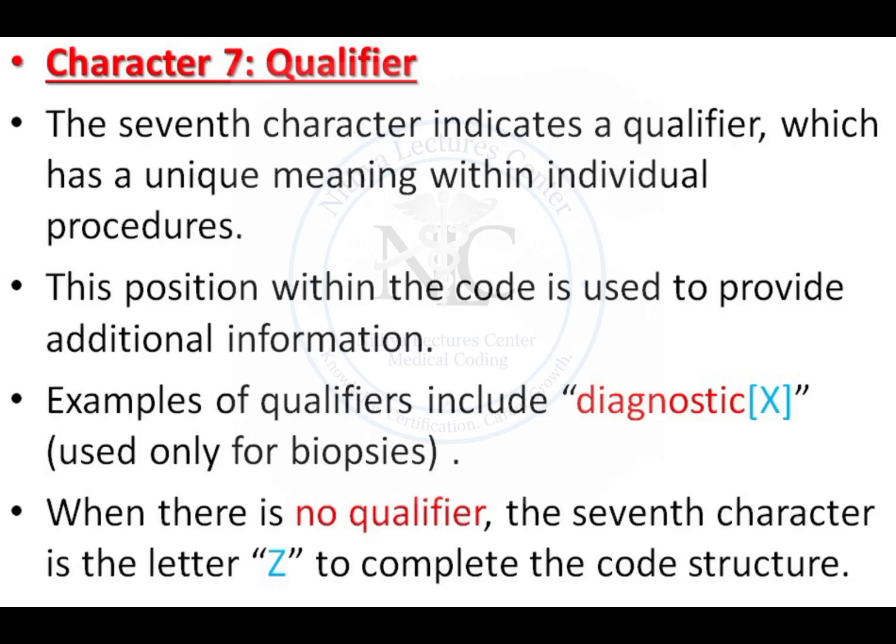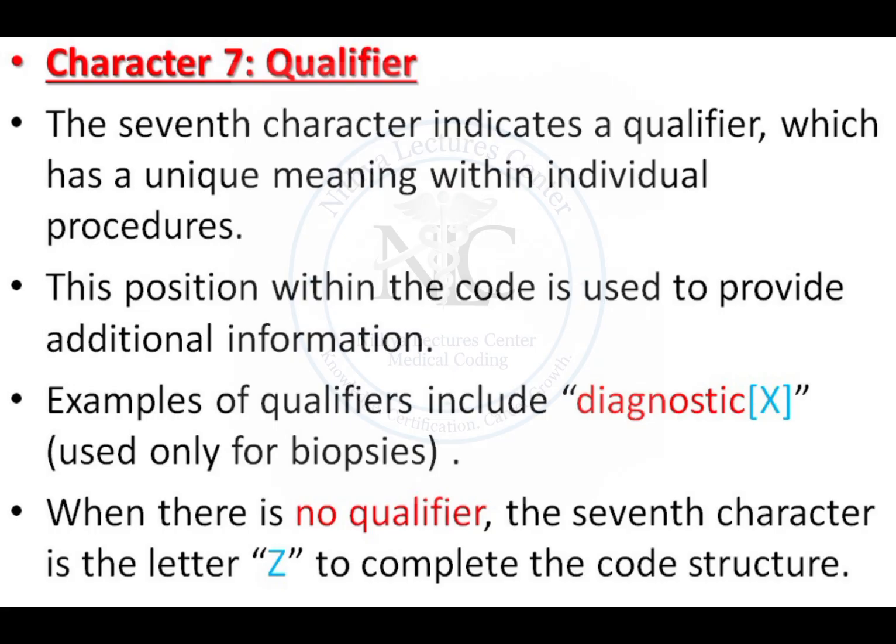So coming to the final slide, which is character 7, the qualifier. The 7th character indicates a qualifier, which has a unique meaning within each individual procedure. This position within the code is used to provide additional information. Let's suppose we take a procedure like biopsy, which is mainly done for diagnostic purposes alone, for example whether the specific site has cancer cells.